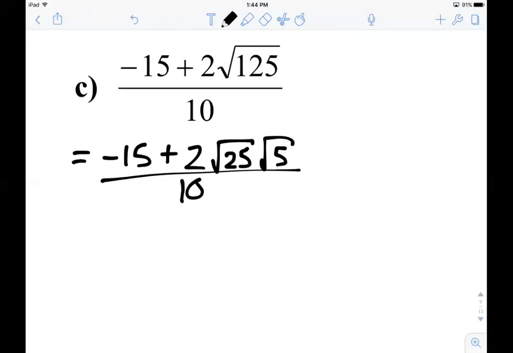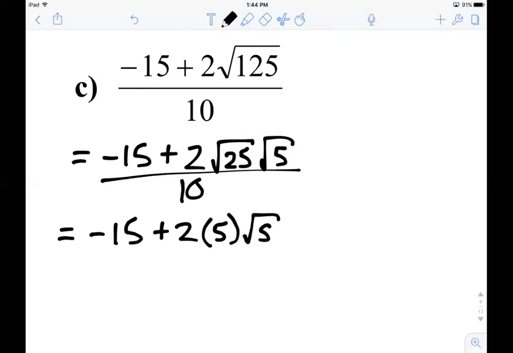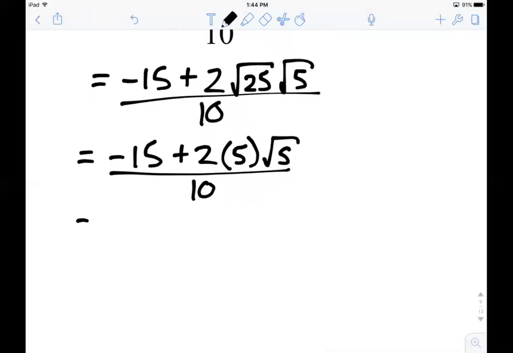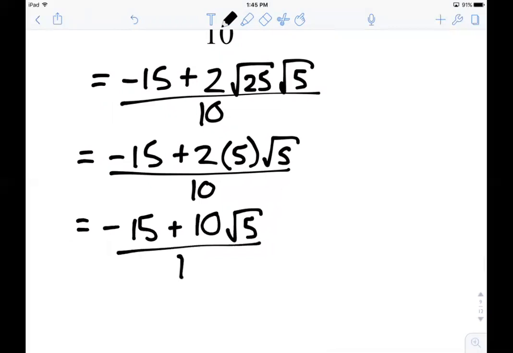And the whole thing is still over 10. So it's really negative 15 plus 2 times 5 times root 5, because root 25 can be square rooted. A little bit simpler, that'd be like negative 15 plus, well, 2 times 5 is 10 root 5, all over 10.